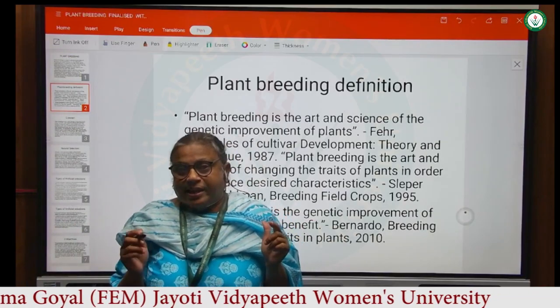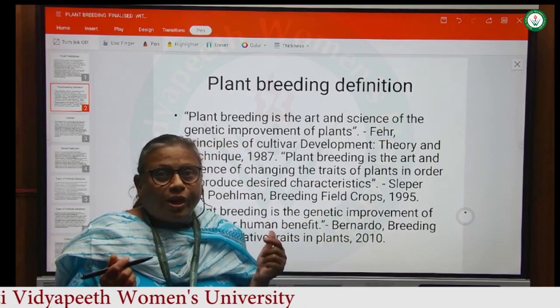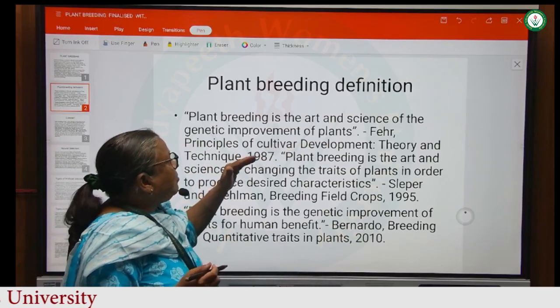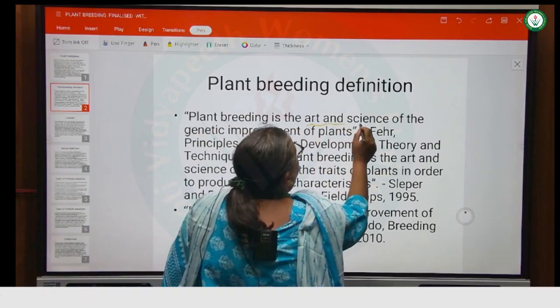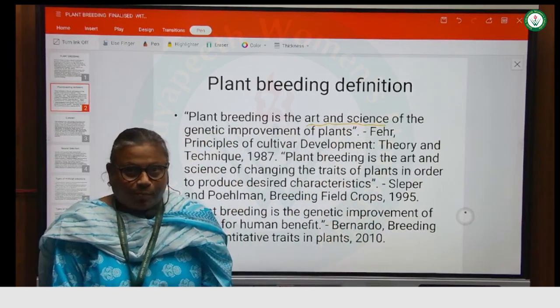Different scientists gave different definitions of plant breeding according to their views. According to FEM, plant breeding is the art and science of the genetic improvement of plants.